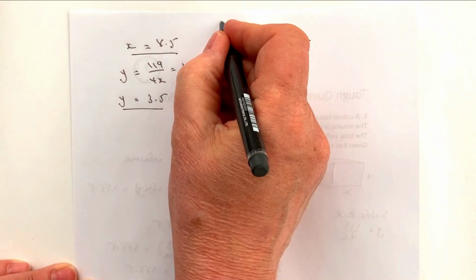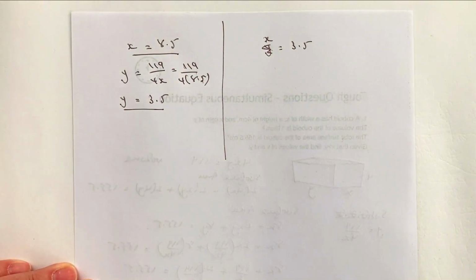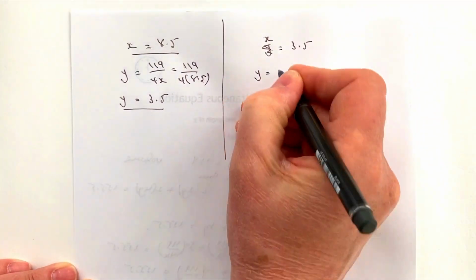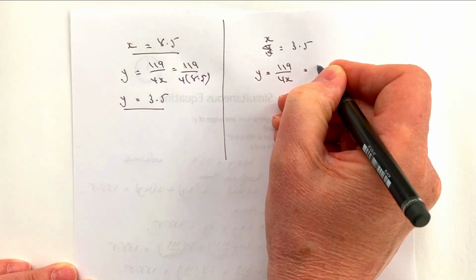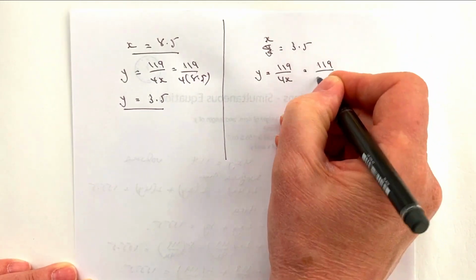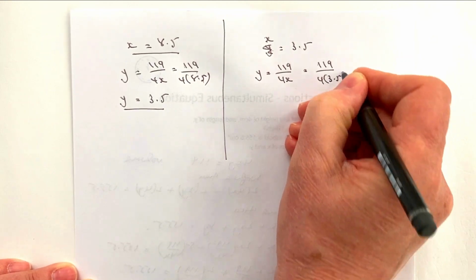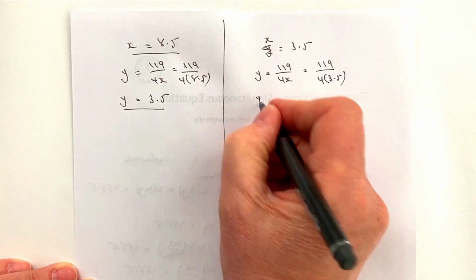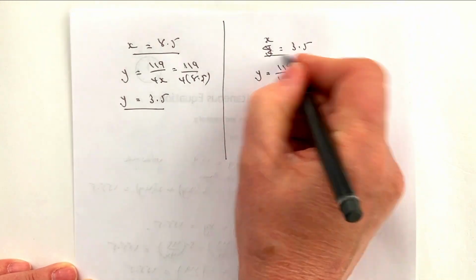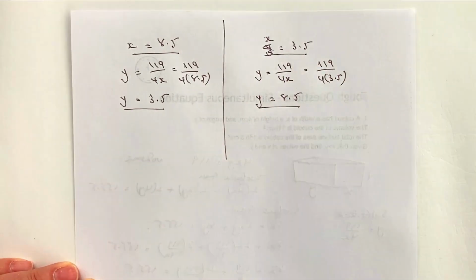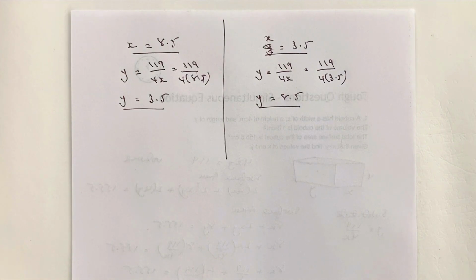That's one value. My next value: y equals, again, 119 divided by 4x, so 119 divided by 4 times 3.5. So y is going to equal 8.5. So when x equals 3.5, y equals 8.5.